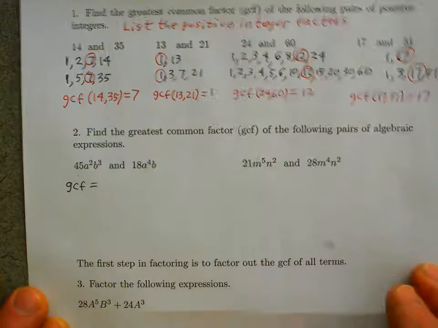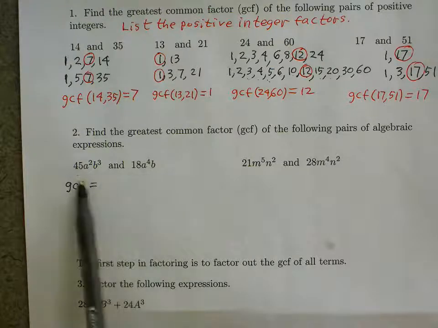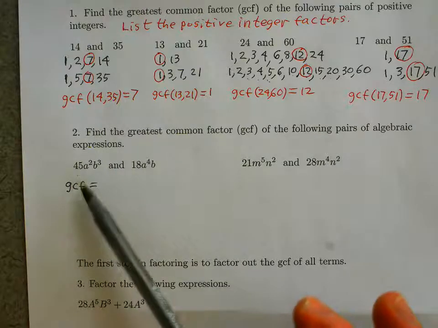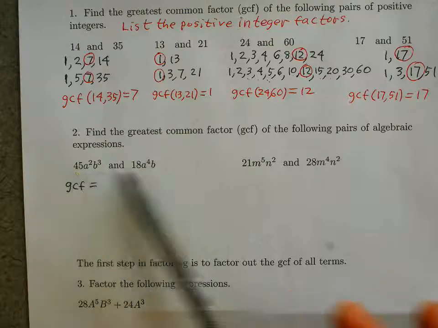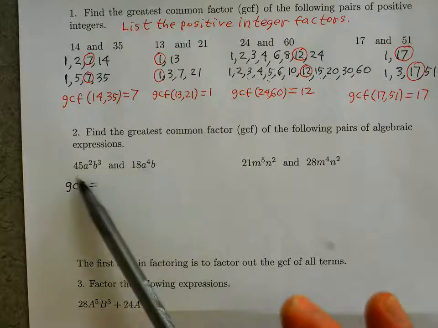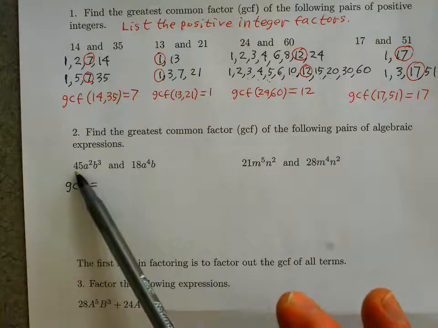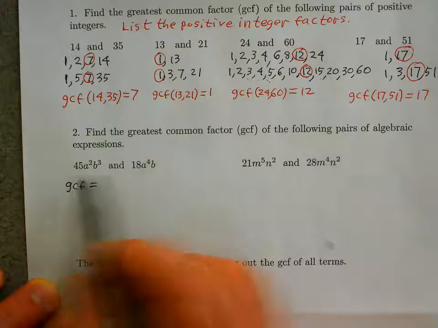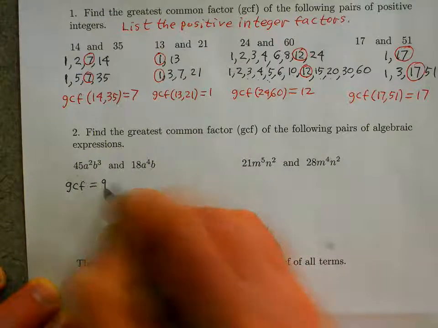So we'll just do it by comparing the numerical factors, 45 and 18. I know that 9 times 5 is 45, and 9 times 2 is 18. It turns out that 9 is the greatest common factor of 45 and 18. So the greatest common factor of those two algebraic expressions will have a factor of 9.